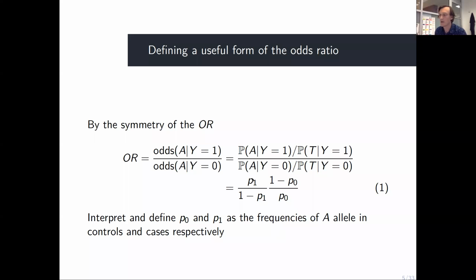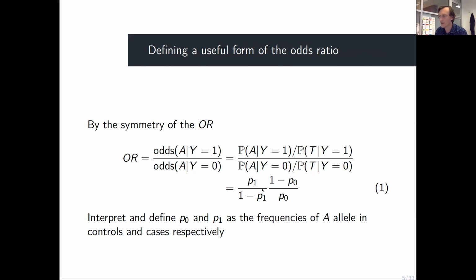So P1 is defined as the frequency of the risk allele in cases, and P0 is defined to be the frequency of the risk allele within controls. And so we have this nice reversed conceptual form for the odds ratio, which just involves the allele frequencies of the risk allele in the cases and the controls.